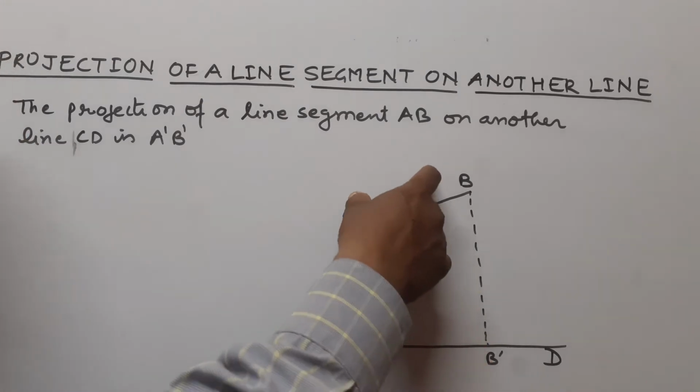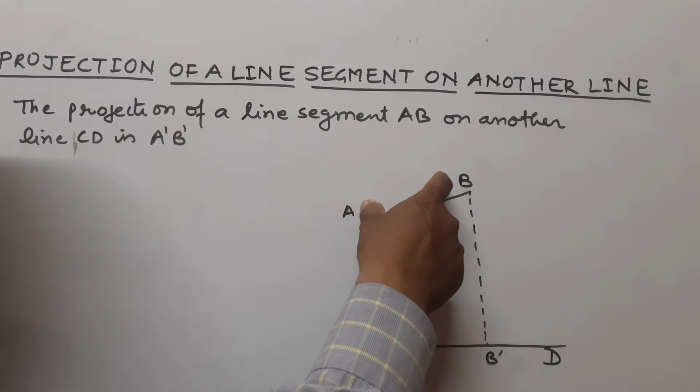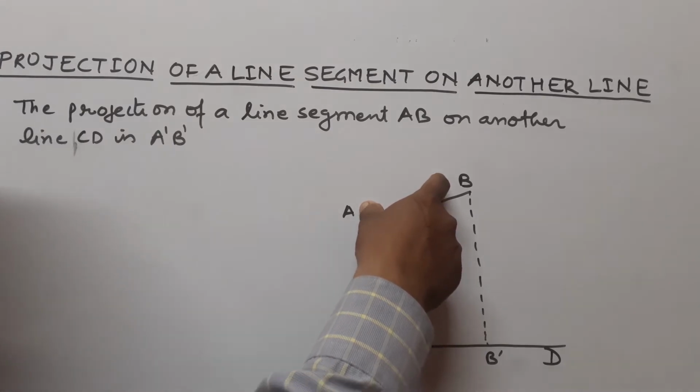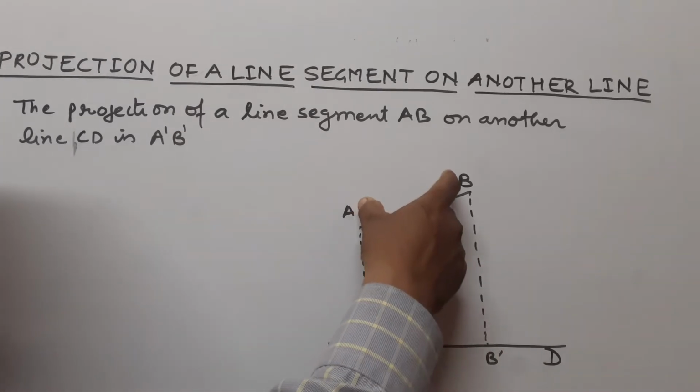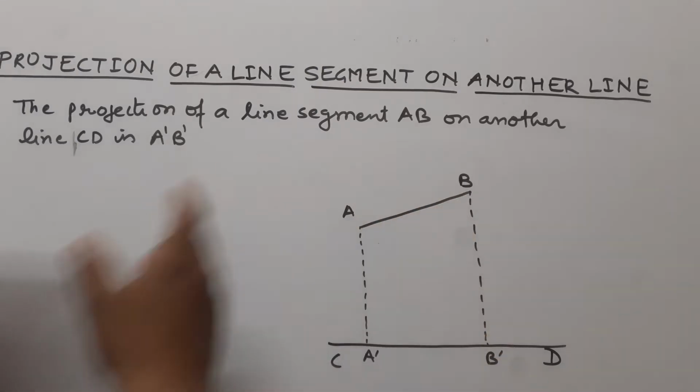So here AB be the given line segment of a given line, CD be another line. Here A dash B dash be the projection of this line segment AB on the line CD.